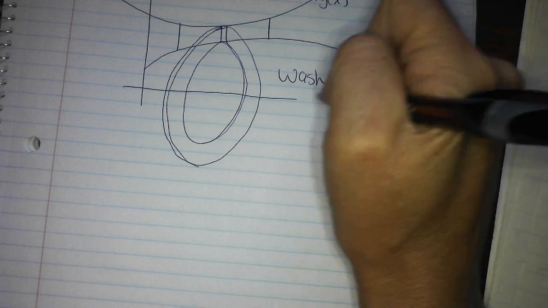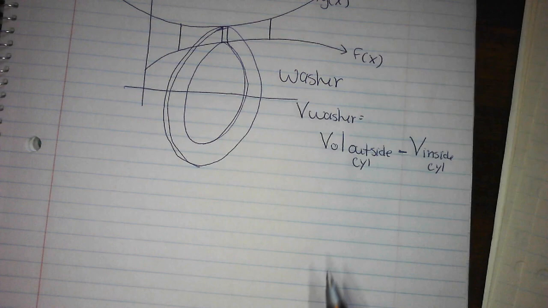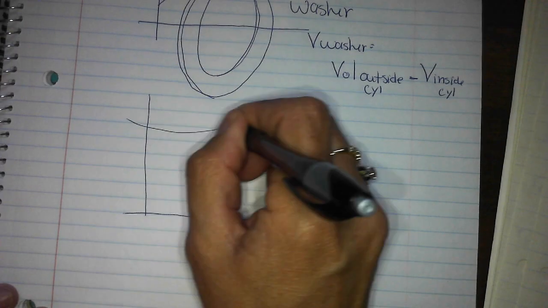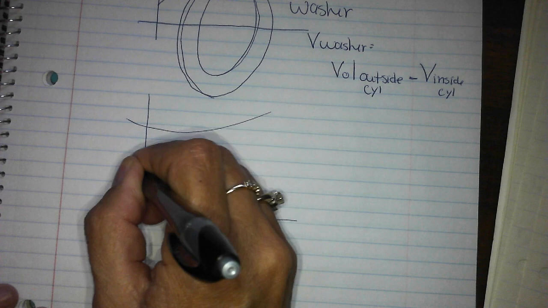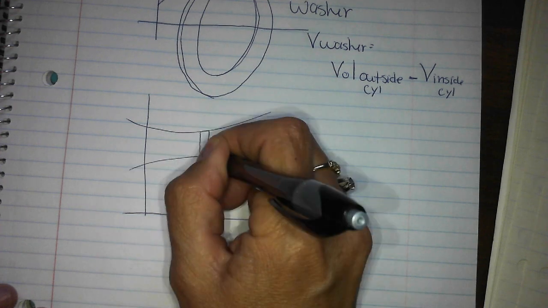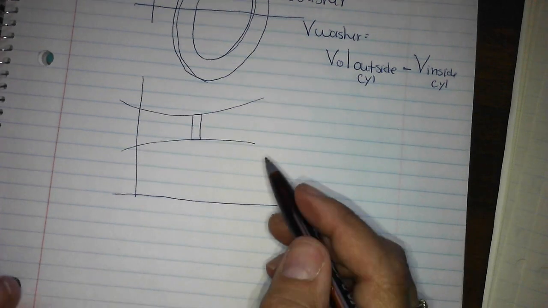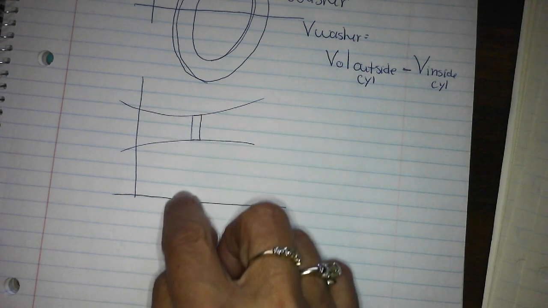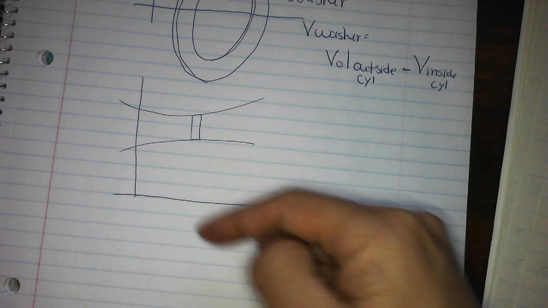Okay, so let's think about it. I want to go back and just look at the rectangle now. So this rectangle. My outside cylinder would be if I didn't have this bottom function at all. My rectangle went all the way to the x-axis and rotated around.